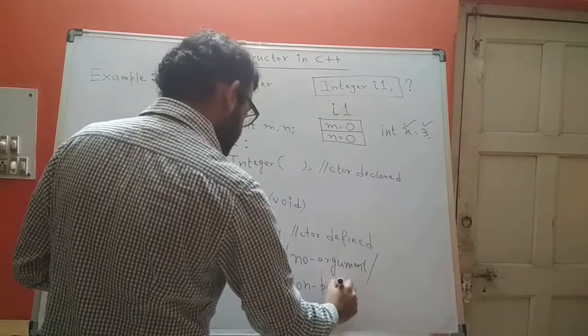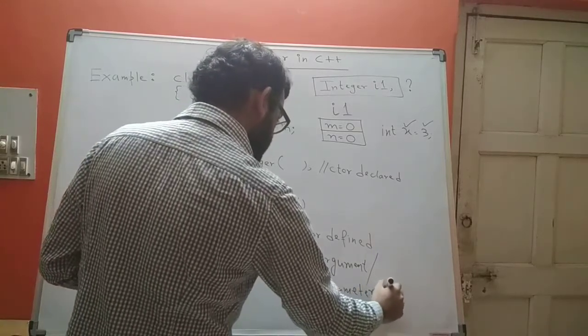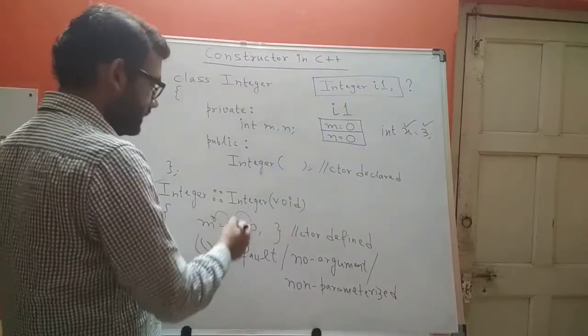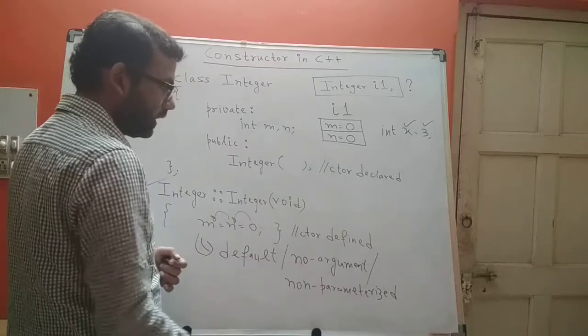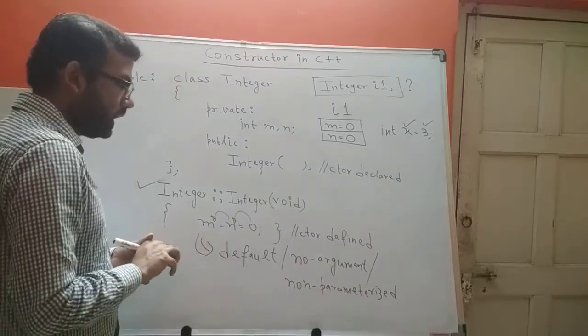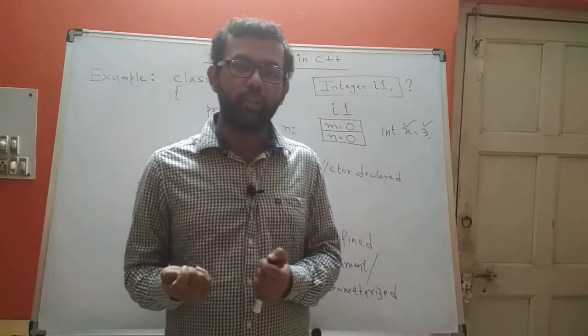These are the three names. You can use any one, so you may be asked questions using these three names interchangeably. Since this constructor is not taking any argument, it is called a default constructor, a no argument constructor, or a non-parameterized constructor.